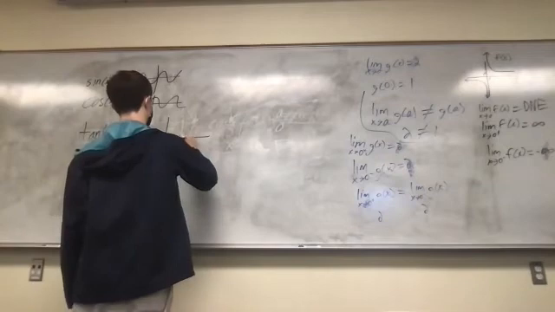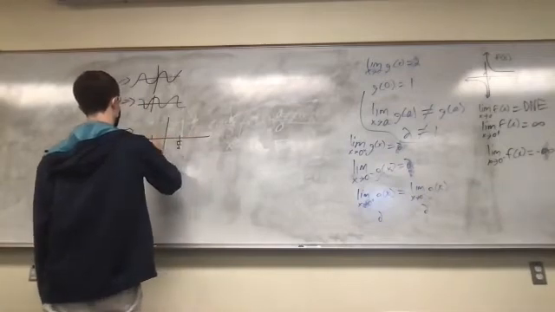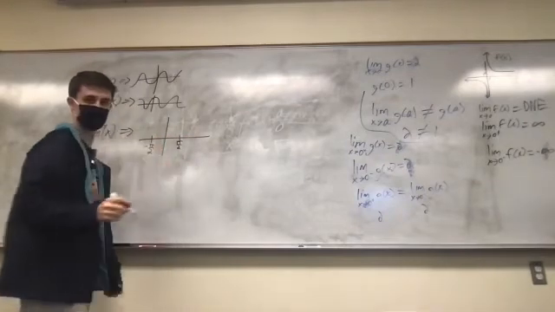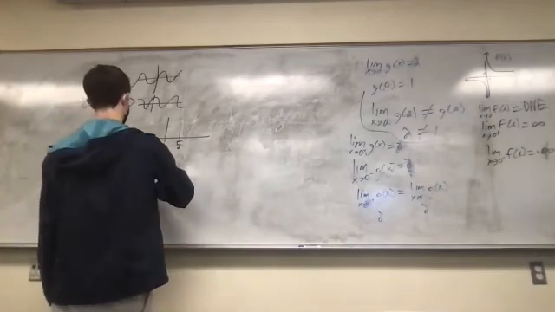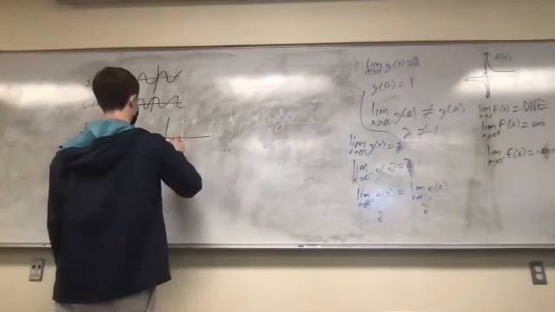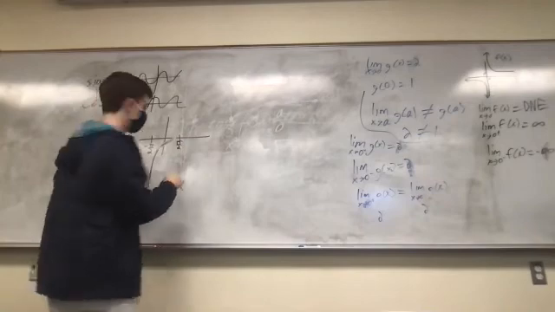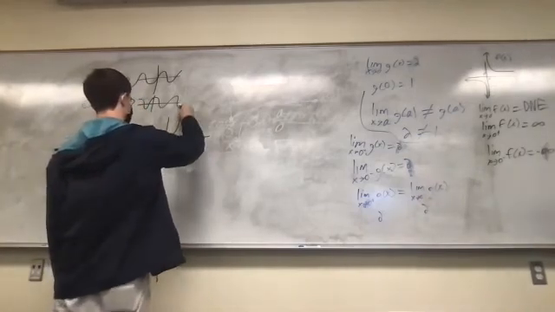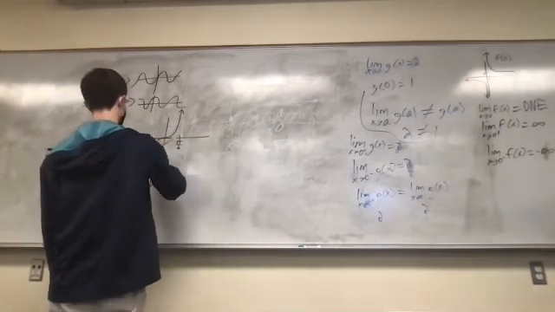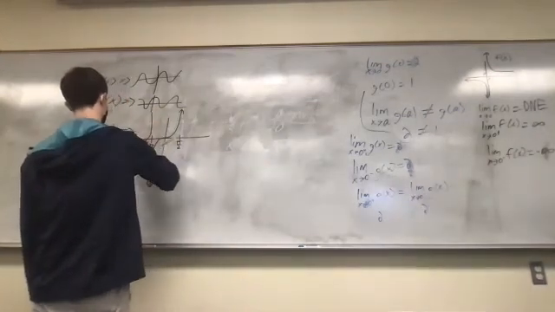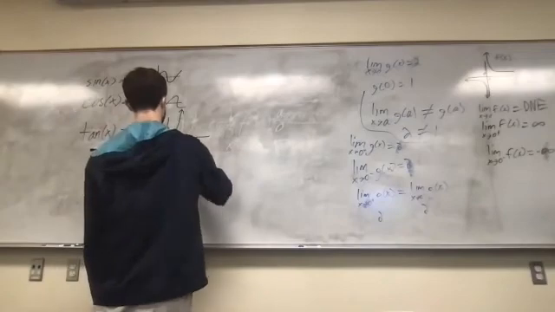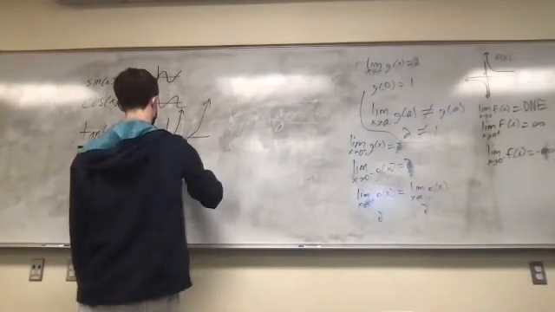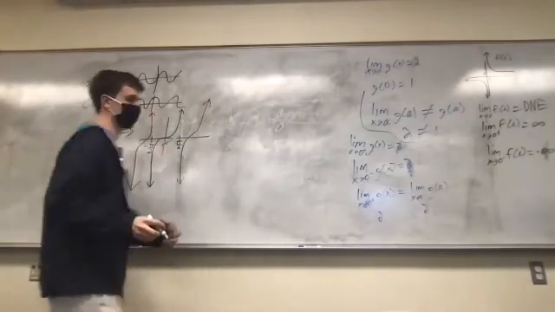It's pi over 2, and then negative pi over 2. It goes kind of like this. Oh, it goes to the middle. Okay, sorry. It goes like this. Hopefully that makes sense.